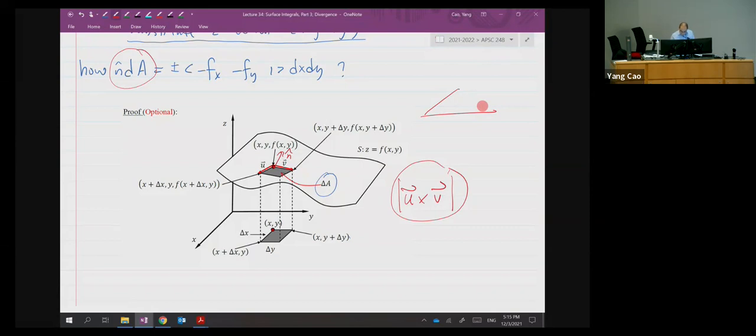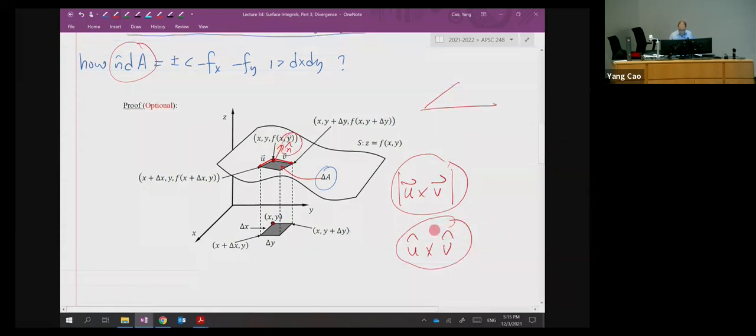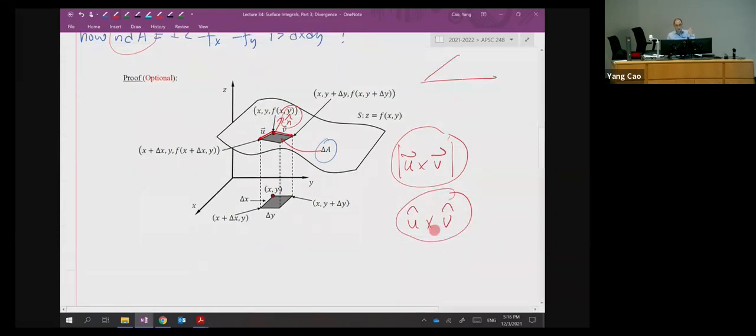At the same time, if I just look at the cross product itself, you get a vector, and that vector is naturally perpendicular to both u and v, and that's what we're looking for. We're looking for a vector n hat perpendicular to that location. So u cross v has two pieces of information, exactly what we need.